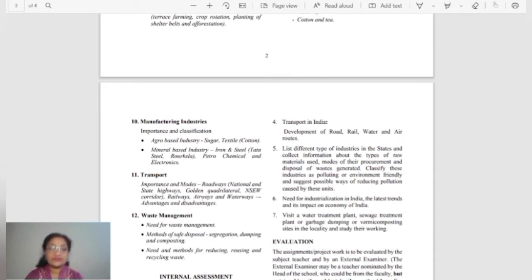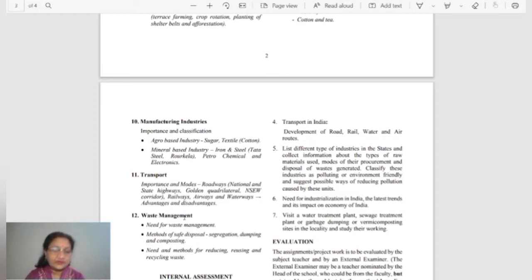Now come to waste management. In waste management, children, one thing you will notice in the first chapter of it, you will find there is just one topic, need for waste management. Just one topic is there this time in the reduced syllabus. Rest of the entire chapter has been taken out.